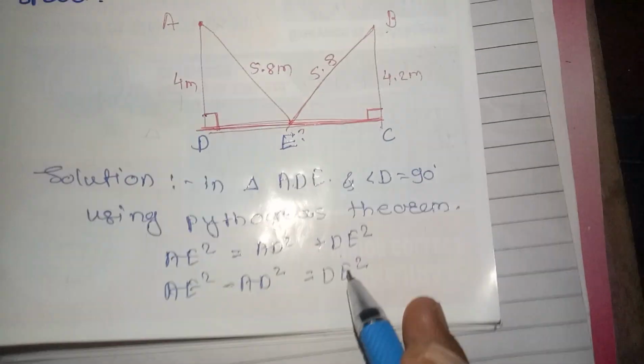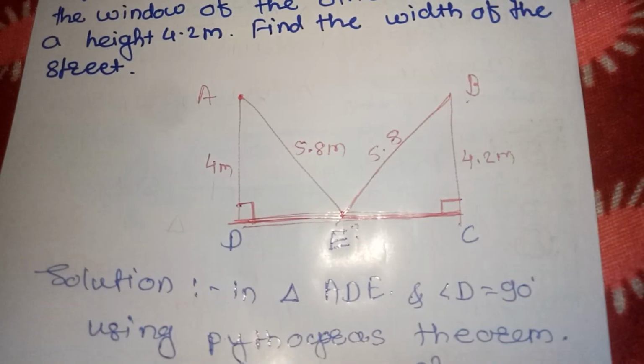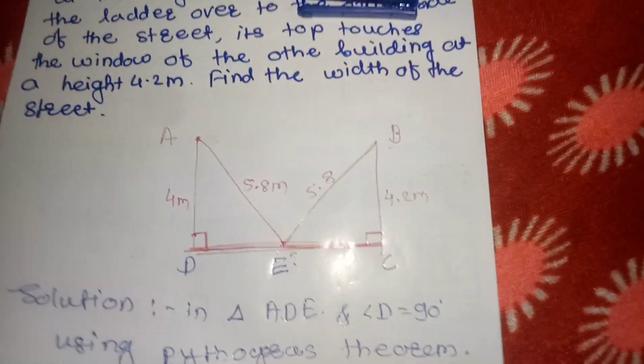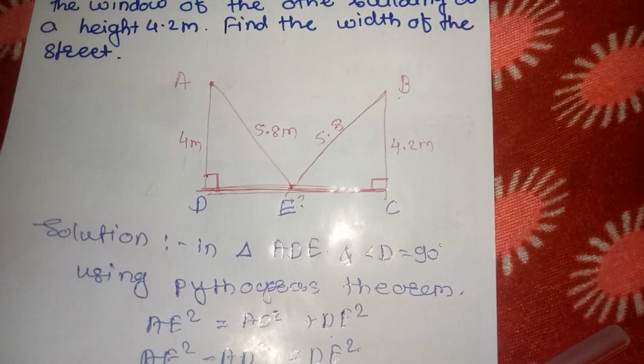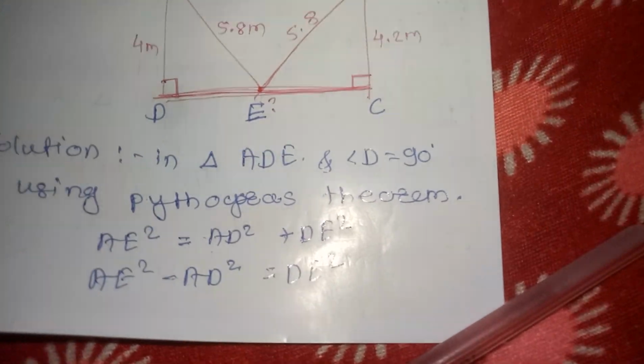Okay, in the given figure we have the values of AE and AD, and we can easily find the value of DE. So put the values in the above equation: AE square minus AD square is equal to DE square. So AE value is 5.8 meter square minus AD's value 4 meter square is equal to DE square.